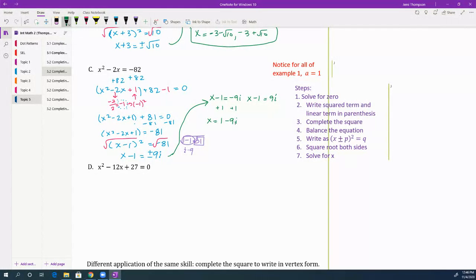This is a complex answer. For complex answers, remember that the real part has to go first, and then the imaginary part. So I get x is equal to 1 minus 9i and 1 plus 9i. Such a good variety of answers here.